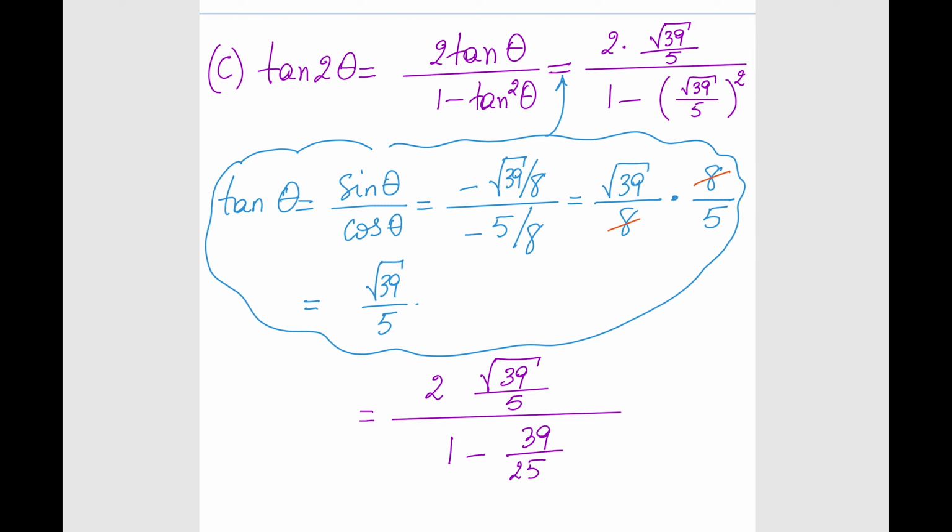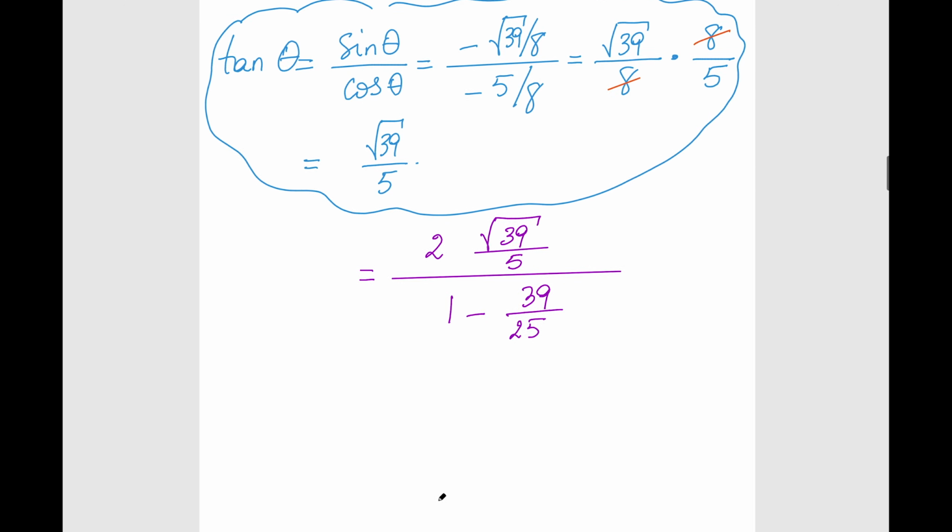Okay, 25. And this is how much? 2 square root of 39 over 5, and the whole thing is divided by, how about we do the same denominator, which is 25, right? And 25 minus 39 is negative 14 over 25, right?